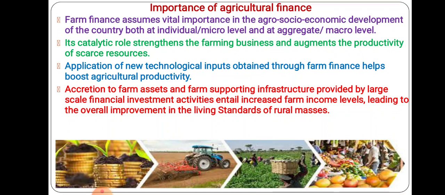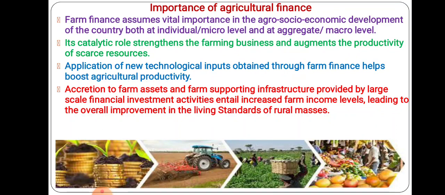Agriculture finance plays a catalytic role in strengthening the farming business and augmenting the productivity of scarce resources. What are the different scarce resources? Their productivity can be increased through agriculture finance.